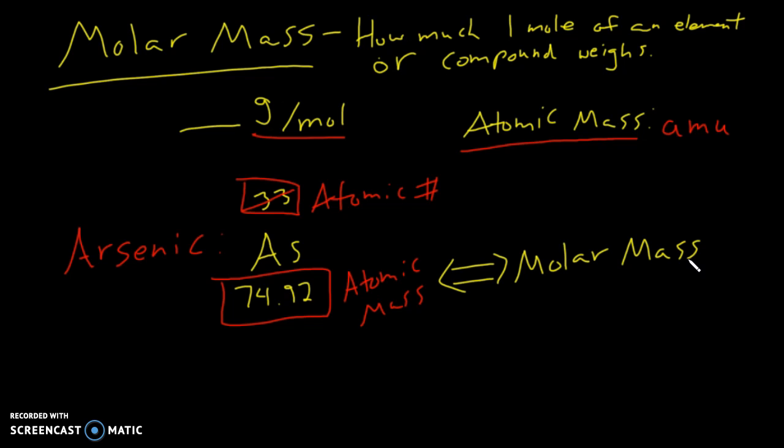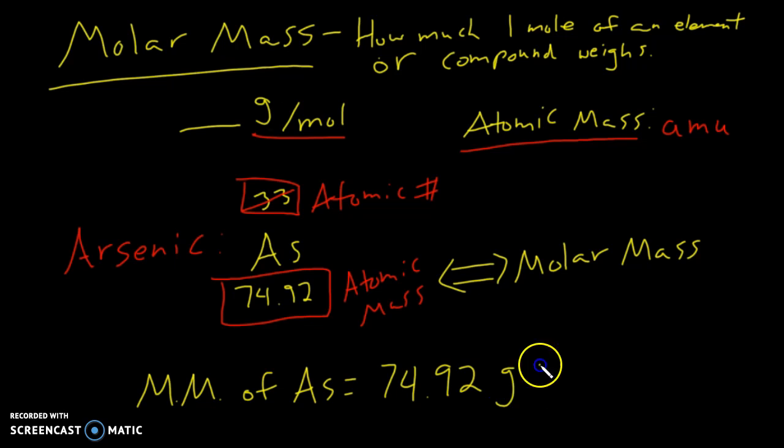So when it says that one atom of arsenic weighs 74.92 AMU, we can also say that 1 mole of arsenic weighs 74.92 grams, or that the molar mass, which I'm going to abbreviate capital M, of arsenic is 74.92 grams per mole.